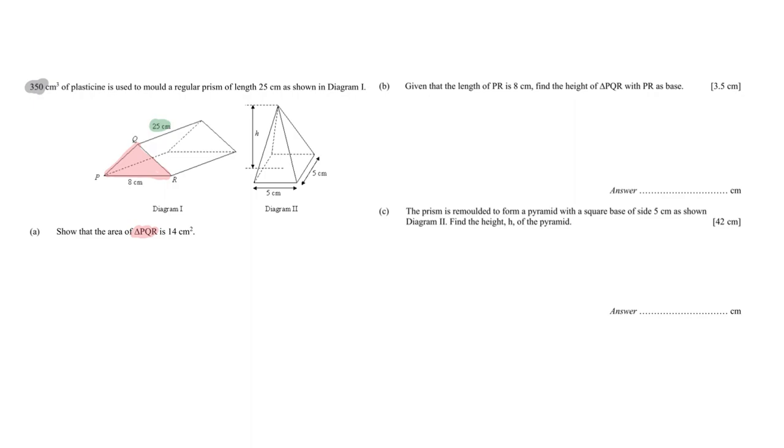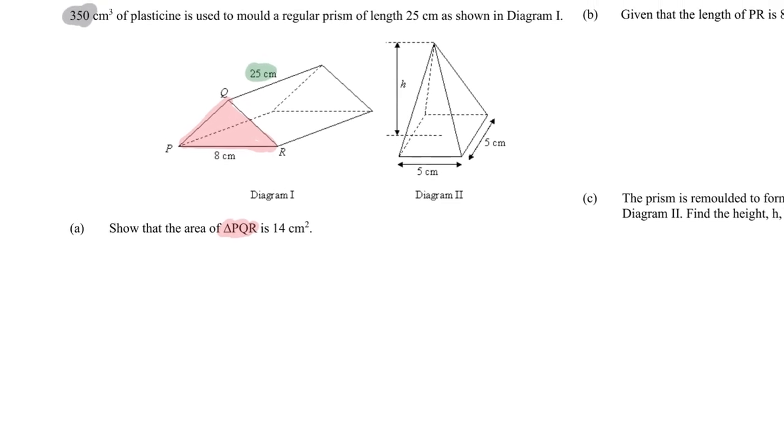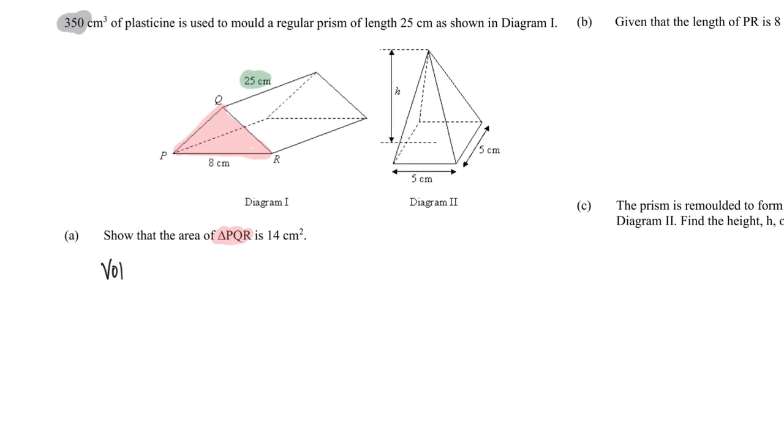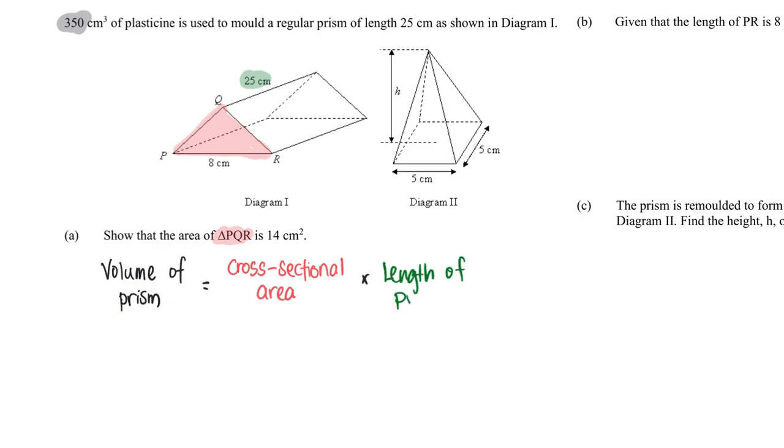So if you remember right, the volume of a prism is equals to the cross-sectional area, in this case triangle PQR, multiplied by the length of the prism, in this case 25.